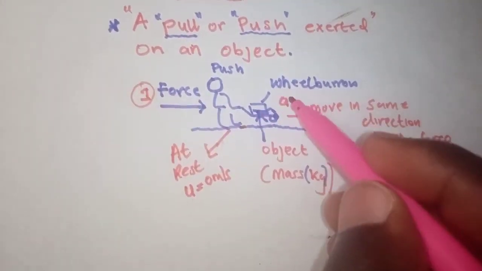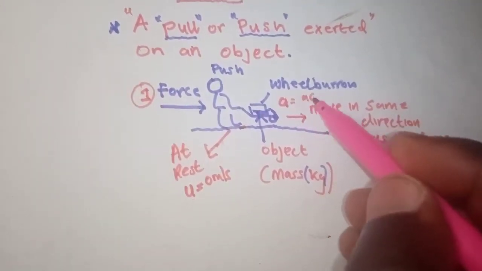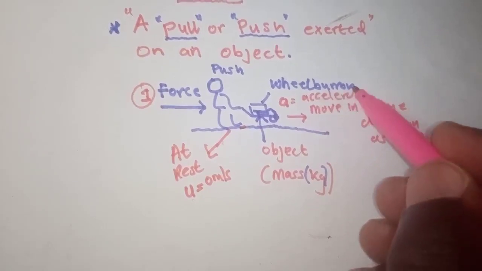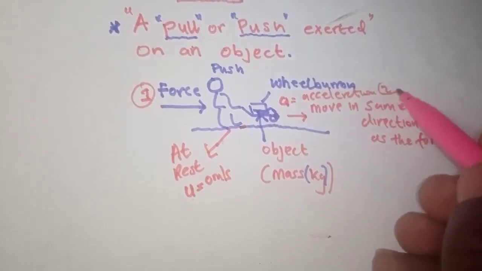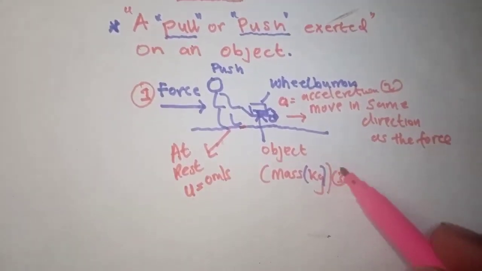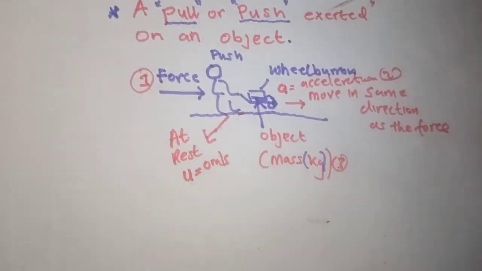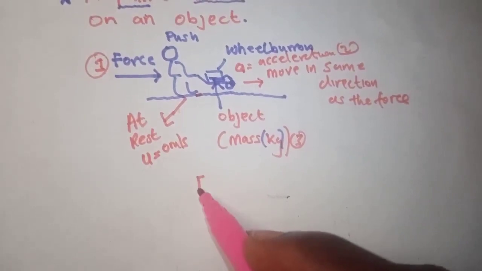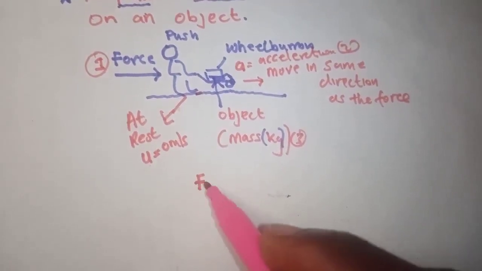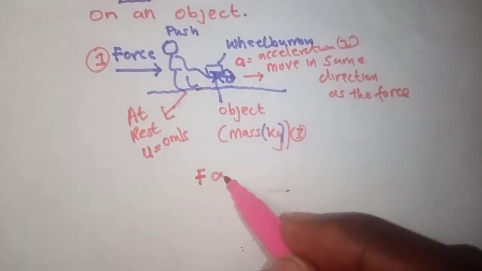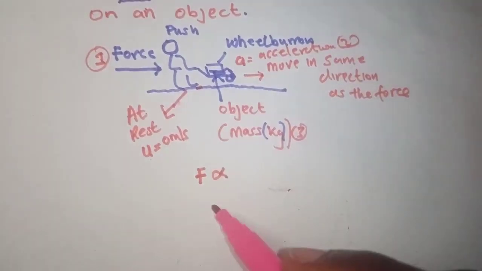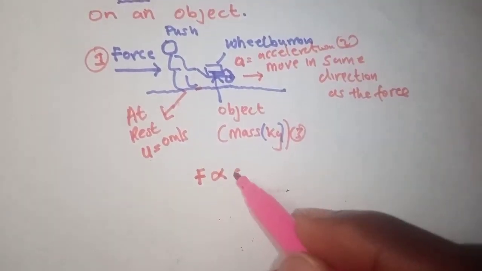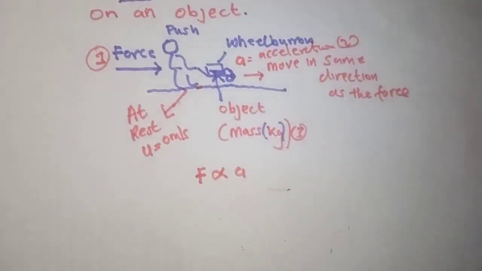Linking the three physical quantities here, you have one, force, two, acceleration, and number three, mass. We say that force is directly proportional to the acceleration, and what remains constant is the mass.